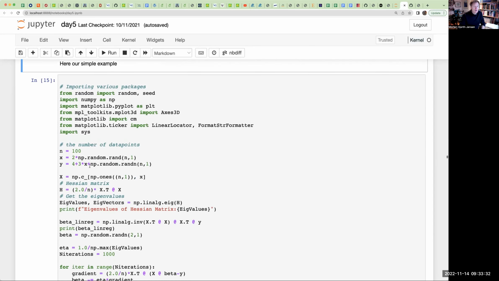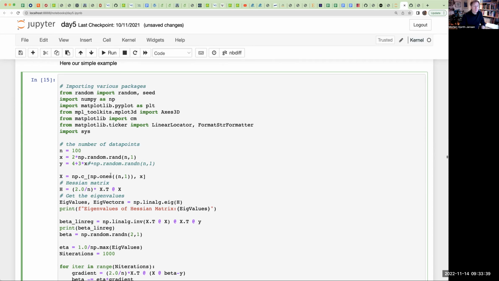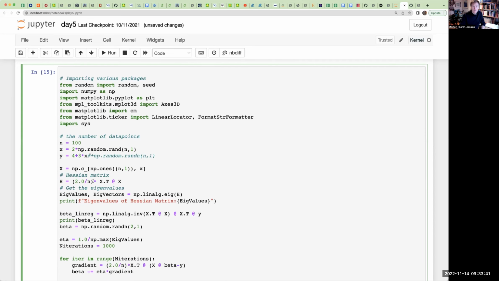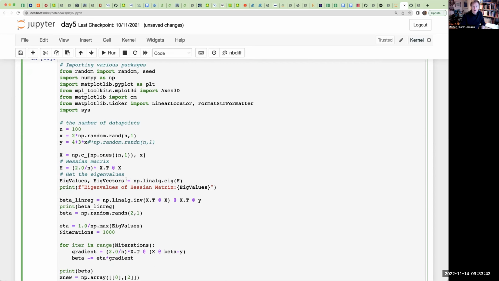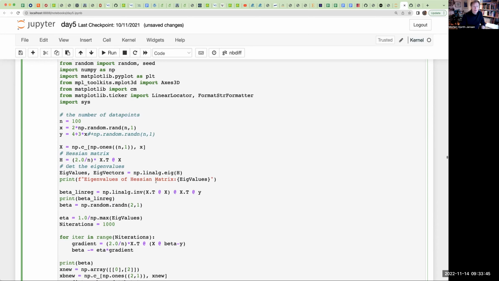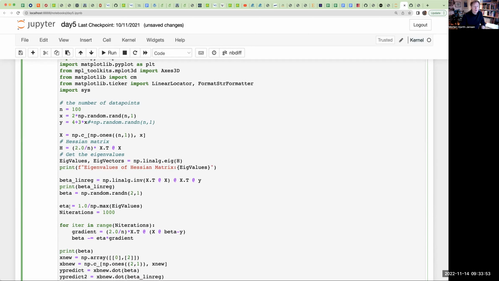So if we now just take away the noise here, let's just do that. And we set up the Hessian matrix as well, and we calculate the eigenvalues of the Hessian matrix. What we can do now is to define this quantity here in terms of the learning rate.